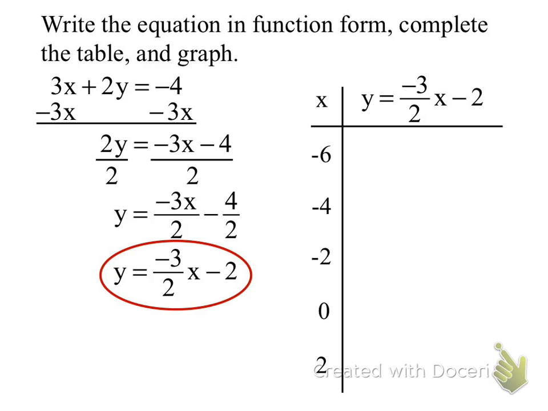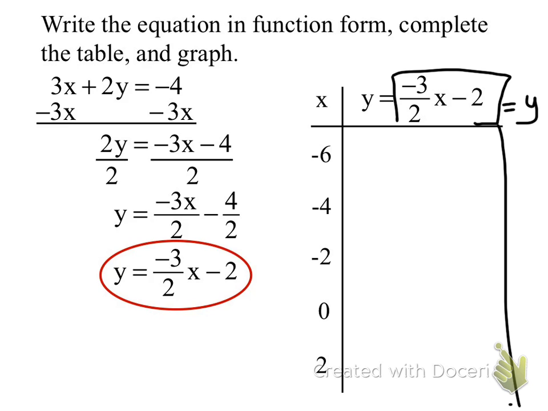Okay, so I'm substituting in. All I'm using is this part of the equation because I'm going to put my equals y over here. You with me? So I'm doing negative 3 over 2. When it's next to x, that means times x. But this time for x, I'm going to call it negative 6 over 1. Doesn't that equal negative 6?